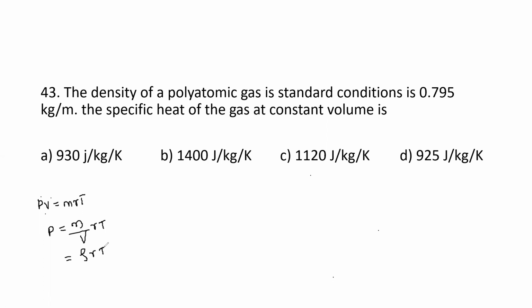Therefore, the specific gas constant r is equal to P divided by rho into T. So P is atmospheric pressure, 1.013 into 10 raised to 5, divided by density, which is given as 0.795, into temperature.